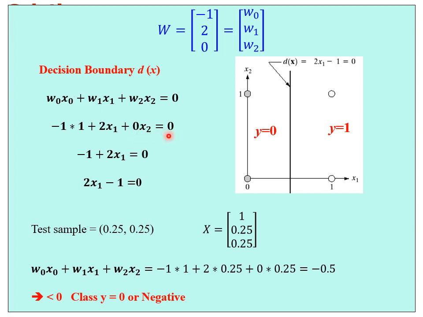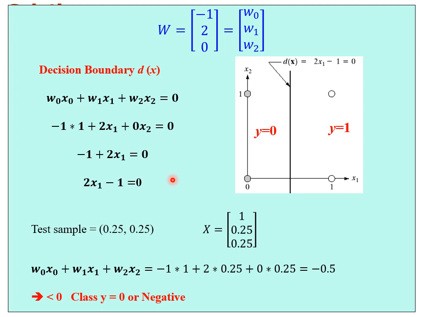Thus we compute the decision boundary as minus 1 plus 2x1 equal to 0, or by rewriting this, our decision boundary is 2x1 minus 1 equal to 0.